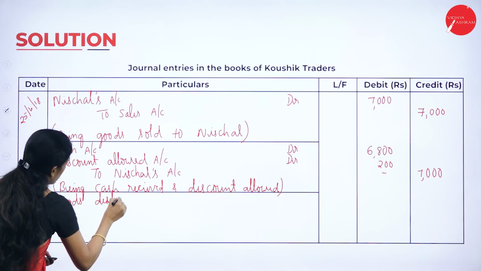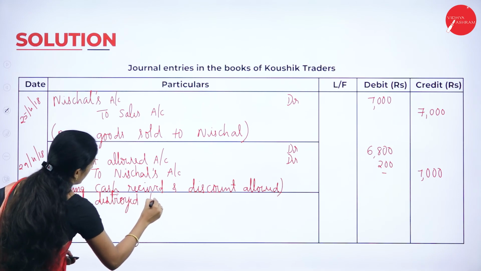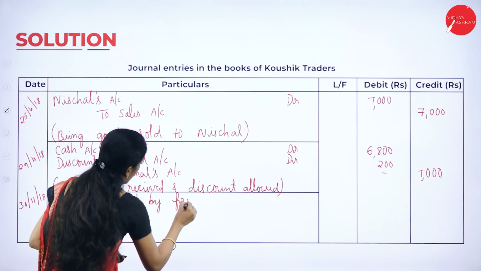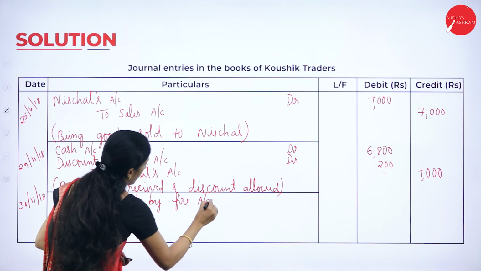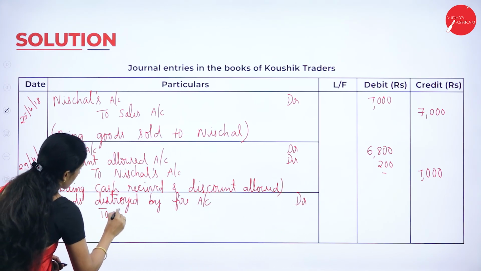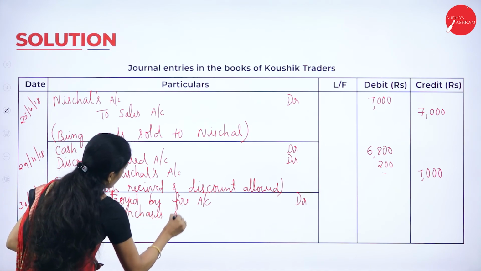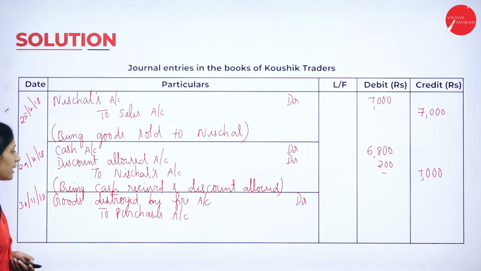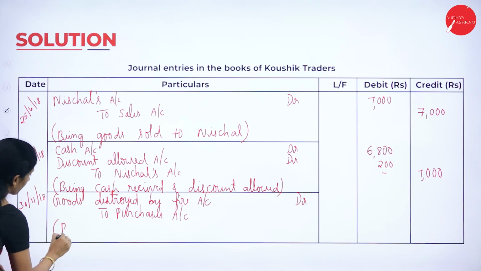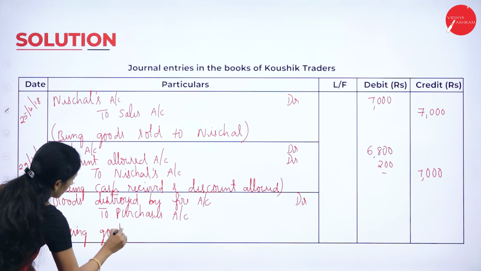Goods destroyed by fire account, debtor, to purchases account. Write the narration: being goods destroyed by fire.